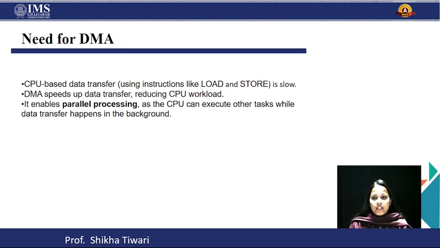DMA is a concept through which we can transfer data from the memory or to the memory, like when you use load and store instructions. DMA helps speed up data transfer, as the CPU and the input-output devices and peripherals have distinct speed limits. The CPU transfers data speedily, but input-output and other peripherals don't have the same capacity or speed.